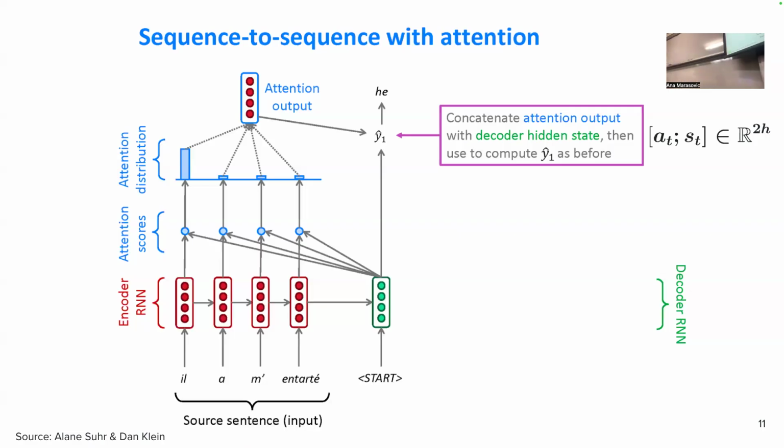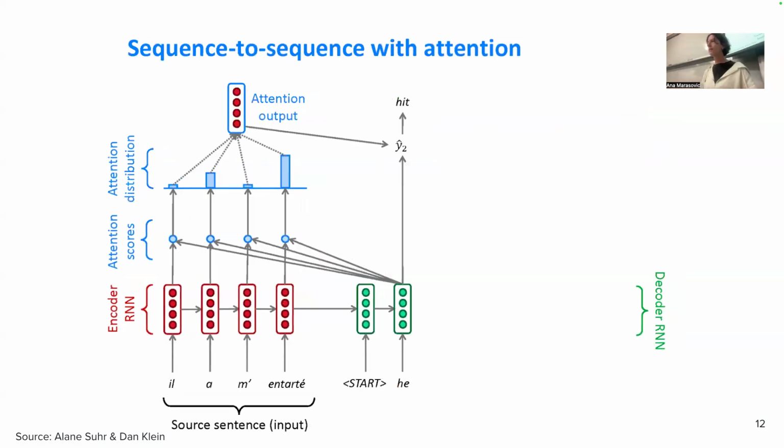And then instead of doing our output layer based on only the s_t, which is the hidden representation of the last source token, you don't do it just based on that, but you make it based on all of this, which means that you need to define a weight matrix that's larger than it originally was, but everything else stays the same.